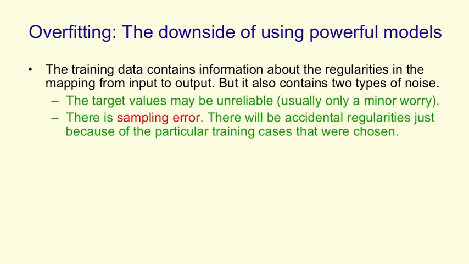If we take any particular training set, especially if it's a small one, there'll be accidental regularities that are caused by the particular cases that we chose. So for example, if you show someone some polygons, if you're a bad teacher, you might choose to show them a square and a rectangle. Those are both polygons, but there's no way for someone to realize from that that polygons might have 3 sides or 7 sides.